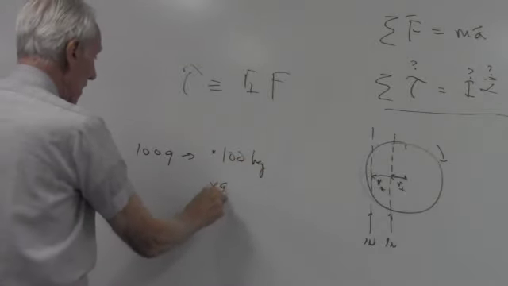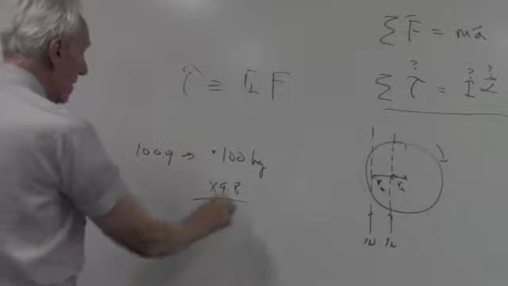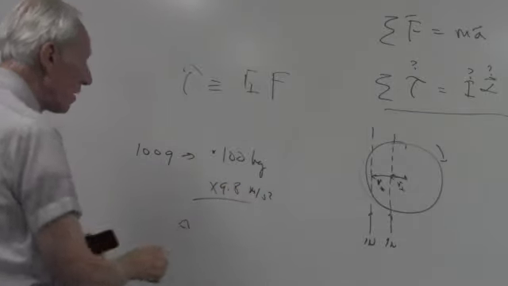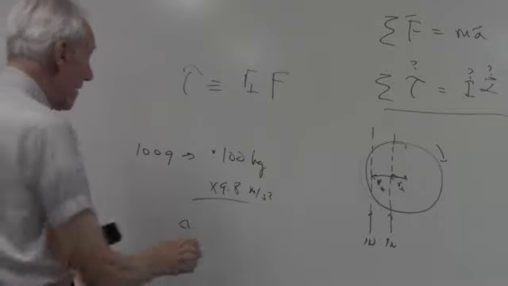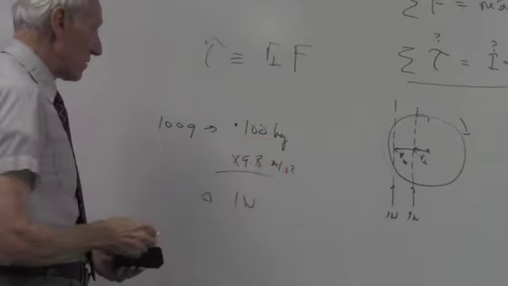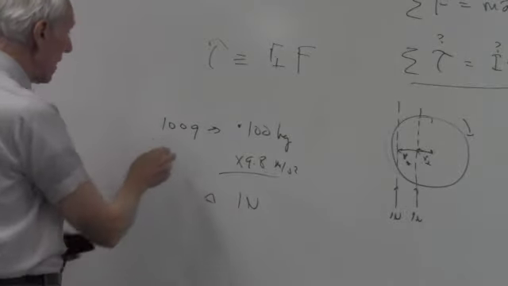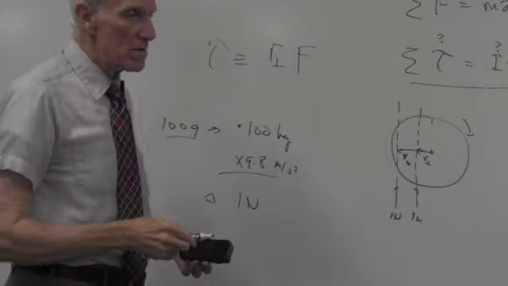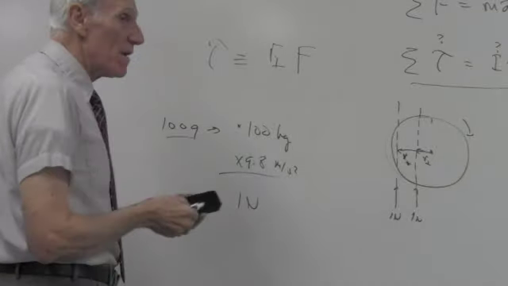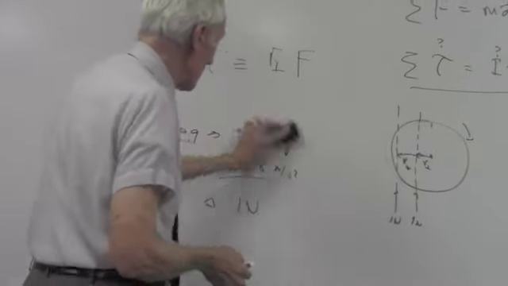If I multiply that by 9.8 meters per second squared, I get approximately 1 Newton, 1 kilogram meter per second squared. So a 100 gram mass is 1 Newton, basically, almost exactly. 0.98 newtons to be a little more specific.